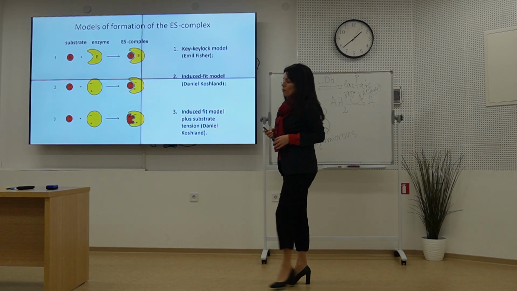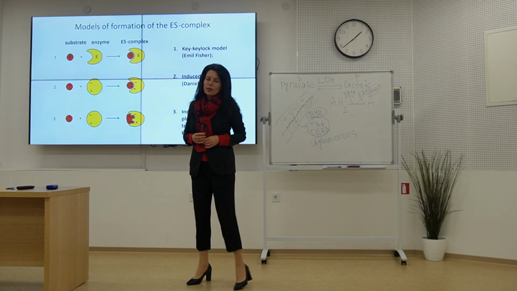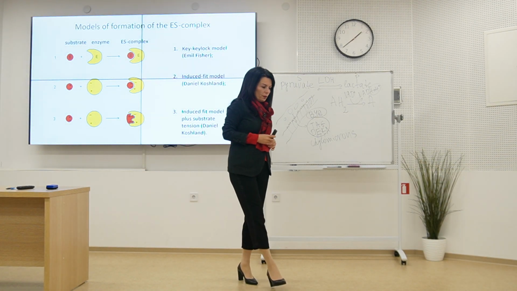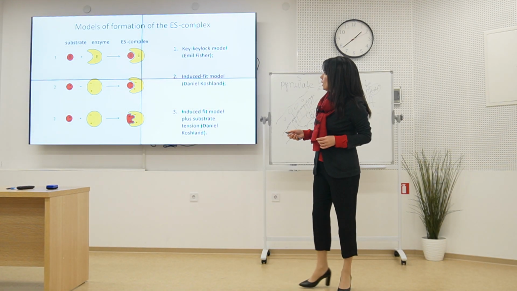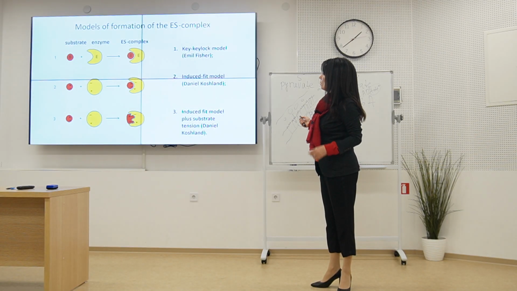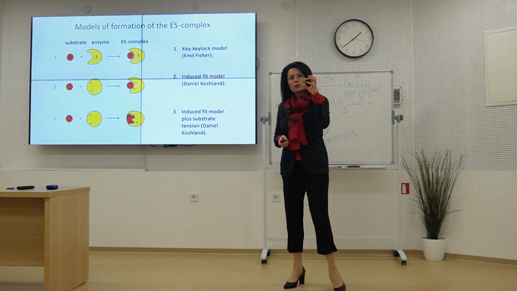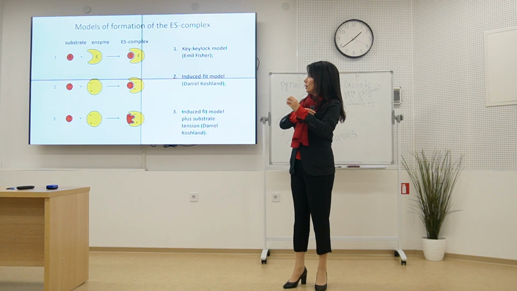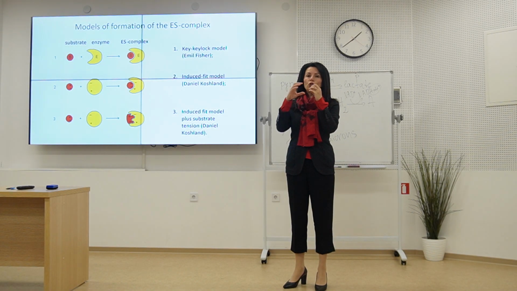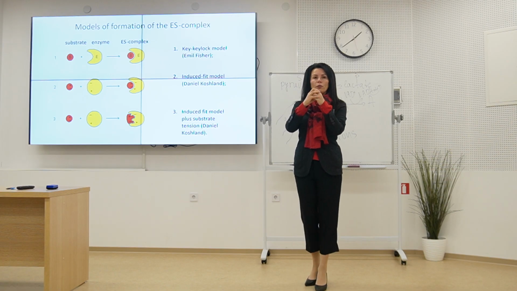There are three models to explain the substrate specificity. The first model is the lock-and-key model, or the Fischer model, which means that if there is substrate and enzyme, there is no changing of anything. They just are recognized and the enzyme-substrate complex is formed immediately.